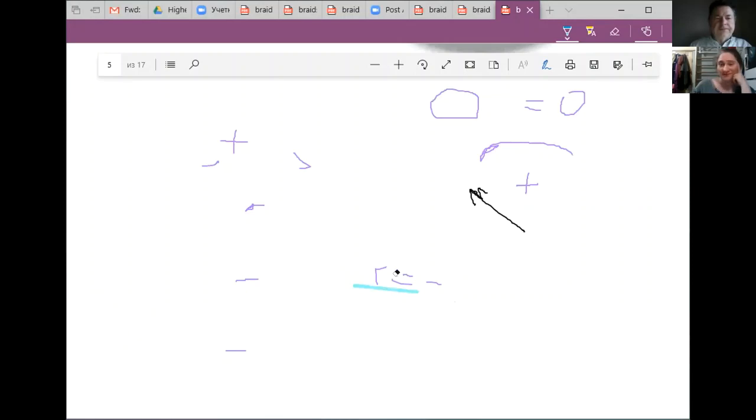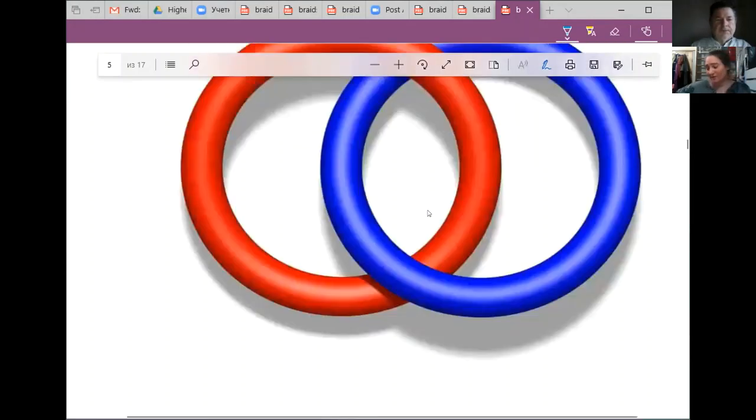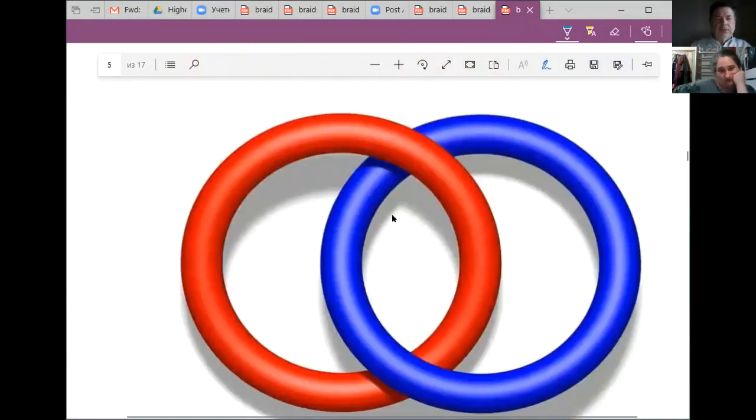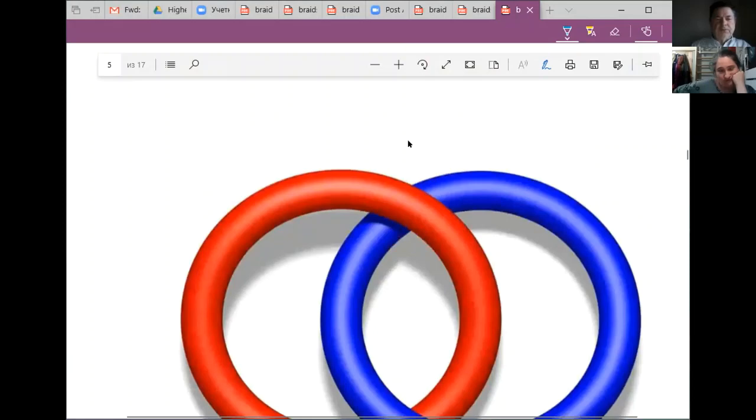Then the Whitehead link. We have 10 minutes, so we can discuss the Whitehead link. Let us see where I put it. I need this one. You put +1 if it will be oriented like this, and -1.